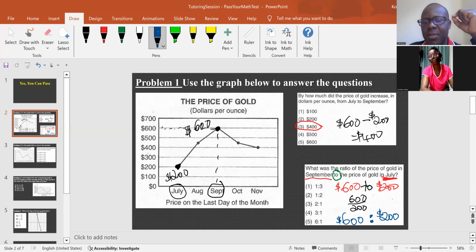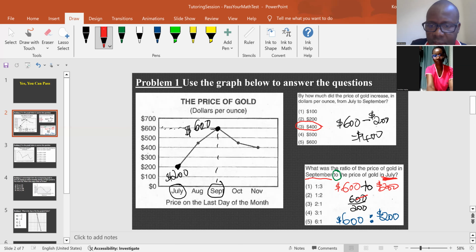If you divide 600 by 200, or reduce it, we cancel the two zeros from each side, so we have 6 over 2. Can we divide 6 by 2? Yes, it's 3.